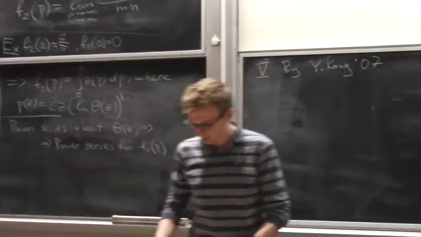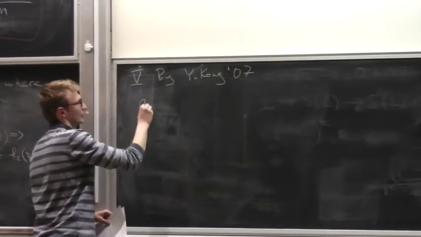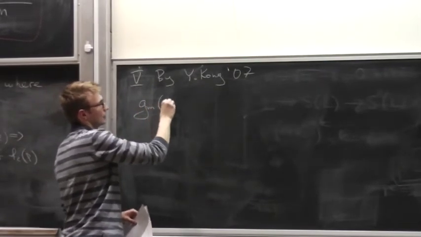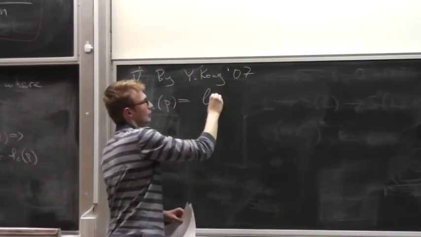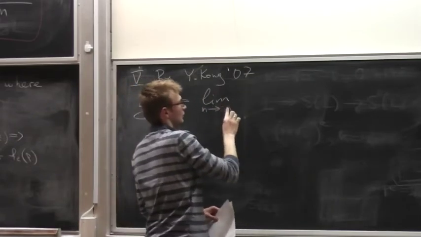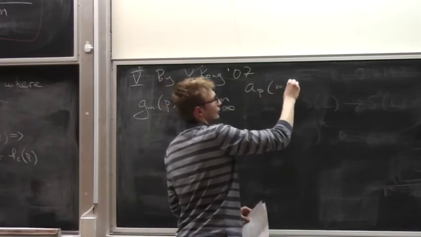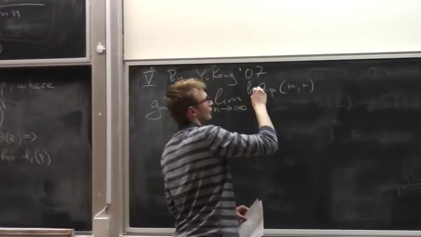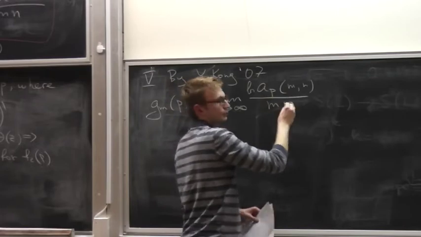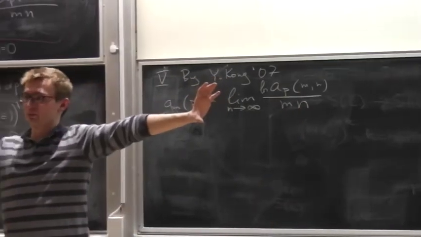Okay, so then we can introduce, let's call it g_m of p, which is the same limit, but not for the whole plane, but for the infinite strip.